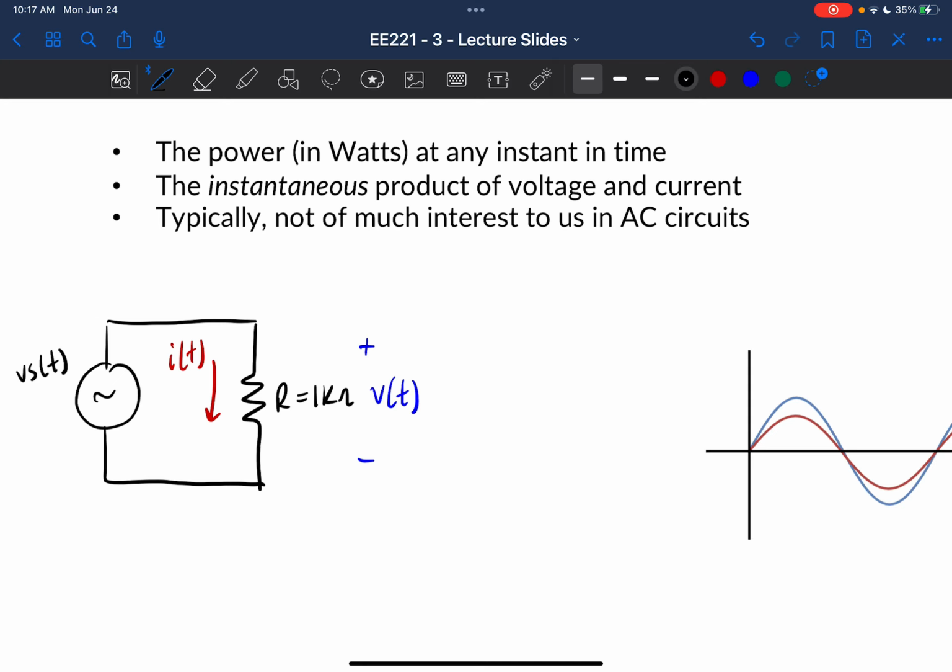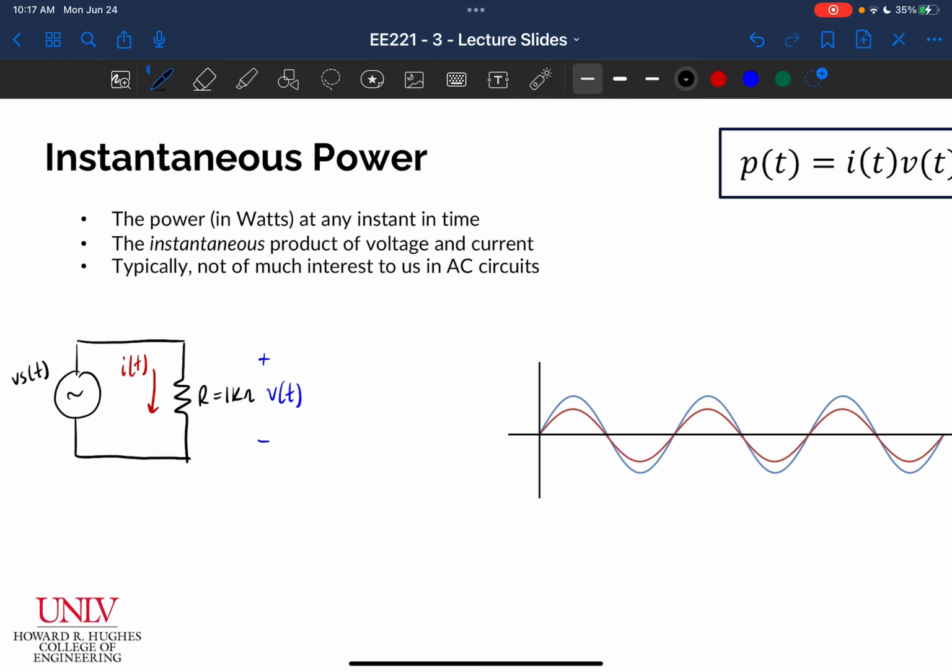Vs of t. Okay, so we've got some source that's going to put some voltage across my resistor here. Let's let Vs of t equal 10 times the sine of omega t volts.